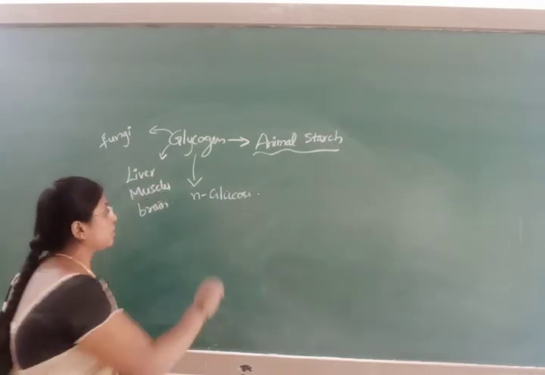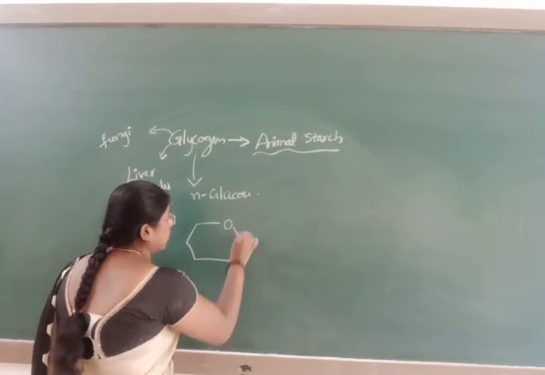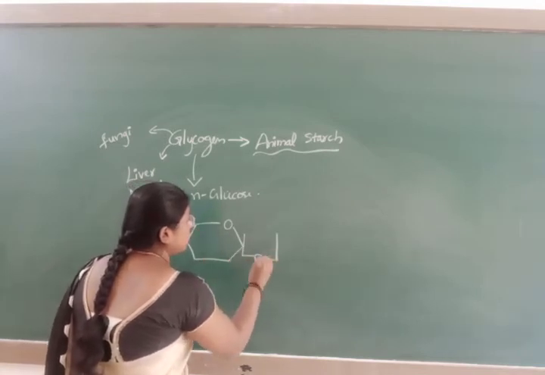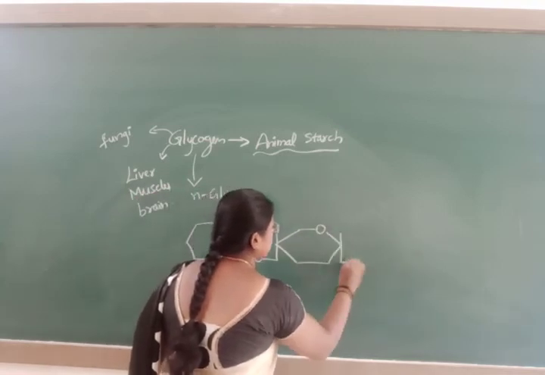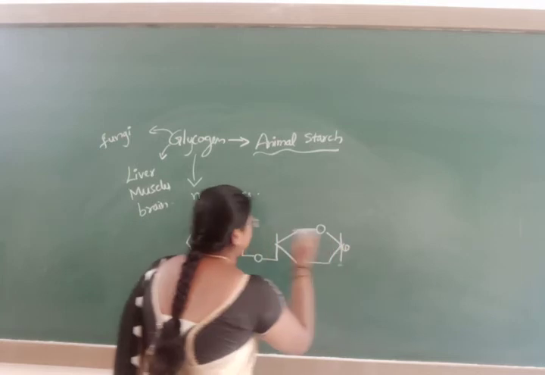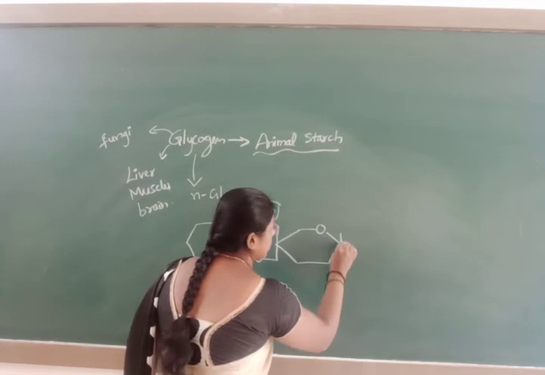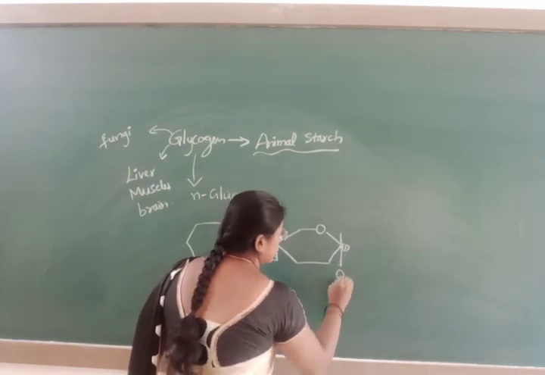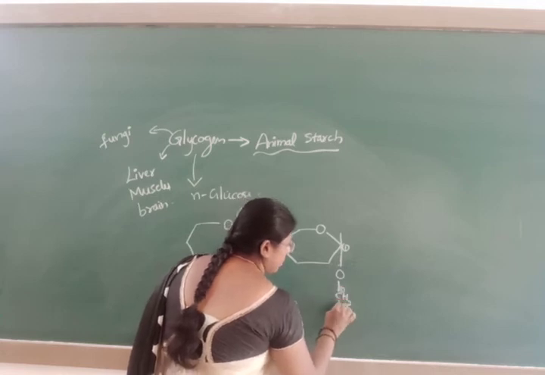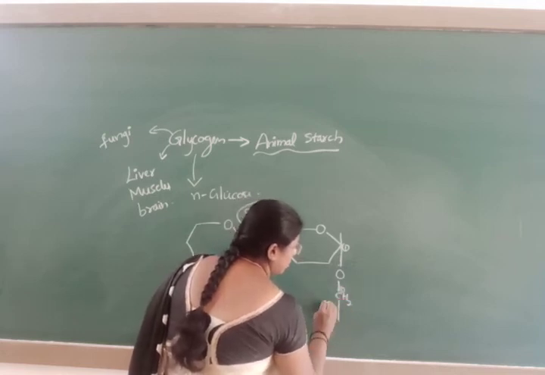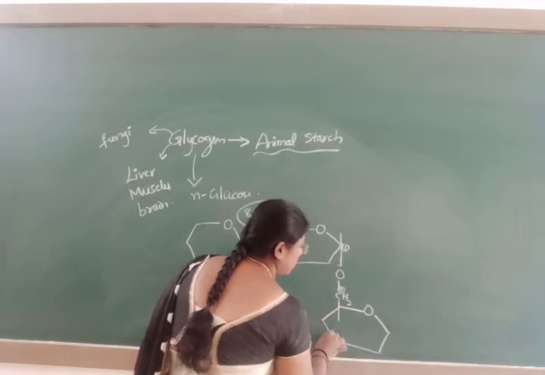If you see the structure, similar to amylopectin, here also the C1 C4 linkage is seen between the two alpha D glucose units, but after every 8 to 10 alpha D glucose units the branching occurs from C1 to C6. The C1 C6 alpha glycosidic linkage is the same.